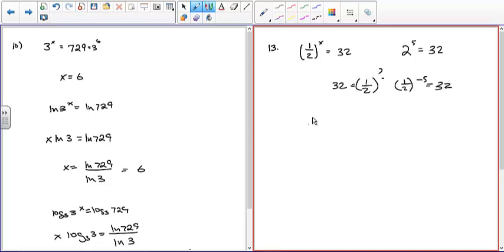So if that's true, which I think it is, we could say 32 is 1/2 to the minus 5th power. Now I've got the same base, so I could say x is equal to negative 5. That's one way of doing it. The more straightforward way is, again, use the natural log of both sides.